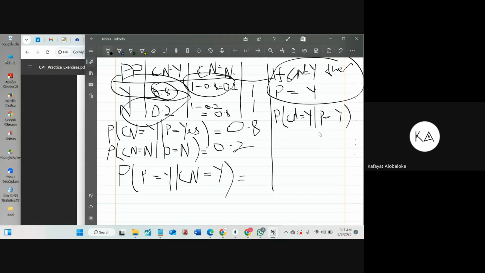That's 0.8, so this statement is the same thing as this. The difference is that in this one we are writing it as a conditional probability statement, and in this one as an if-then statement. Is there any more clarification? Mustafa, is that clear now? Yes, it is clear. Thank you so very much.